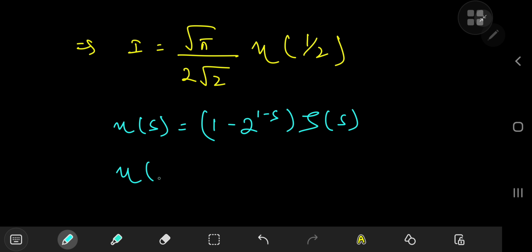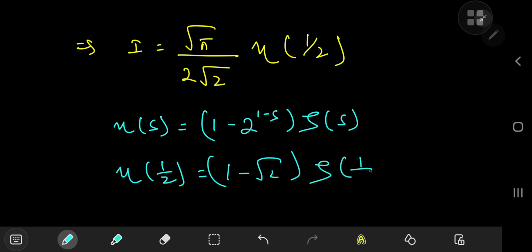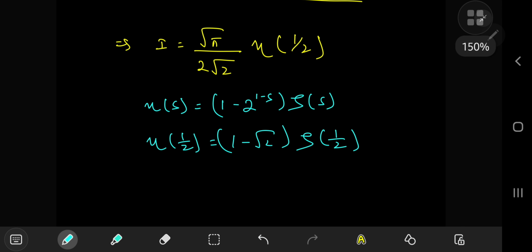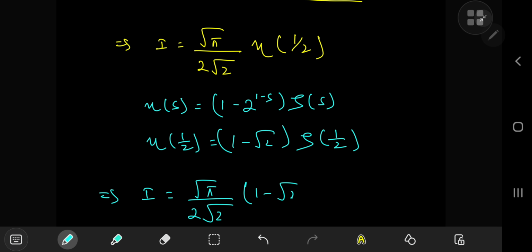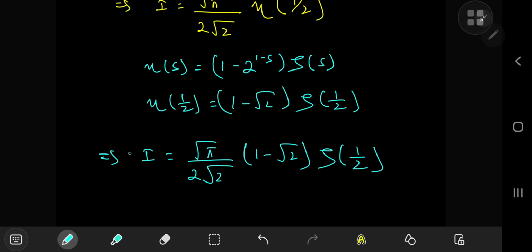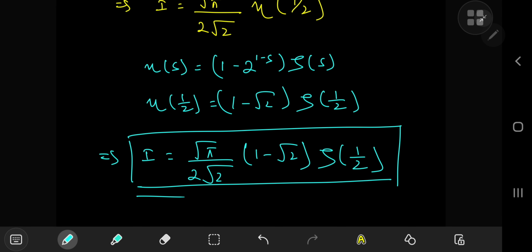So using s equal to 1/2, we have 1 minus the square root of 2 times the Riemann zeta function evaluated at 1/2, which of course is defined because of the analytic continuation of the zeta function. So finally, we can write our integral I as the square root of pi divided by 2 times the square root of 2 times 1 minus the square root of 2 times the zeta function evaluated at 1/2, which is quite a nice result indeed.